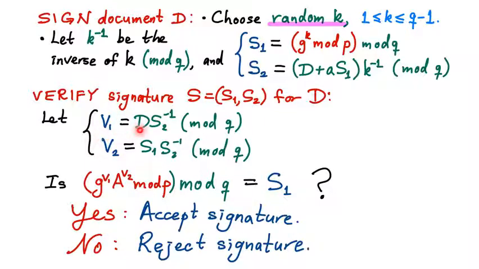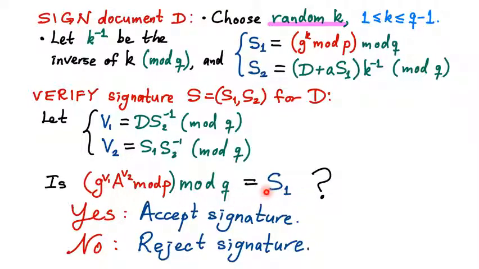The first one is simply D divided by S2 modulo Q. And the second one is S1 divided by S2 modulo Q. And now the verification itself takes the form of this equation: G to the V1 multiplied by capital A to the V2 modulo P, now reduced modulo Q, the same as S1, which remember also S1 was, in the generation of the signature, something modulo P modulo Q. So this is actually not terribly surprising that you had this mod P mod Q given the way that S1 had been defined.